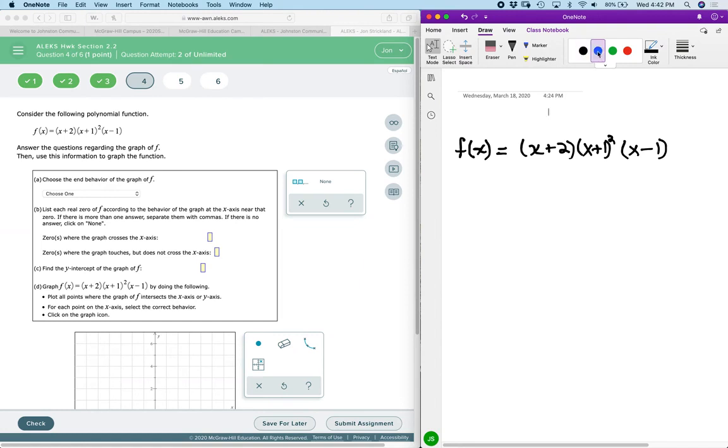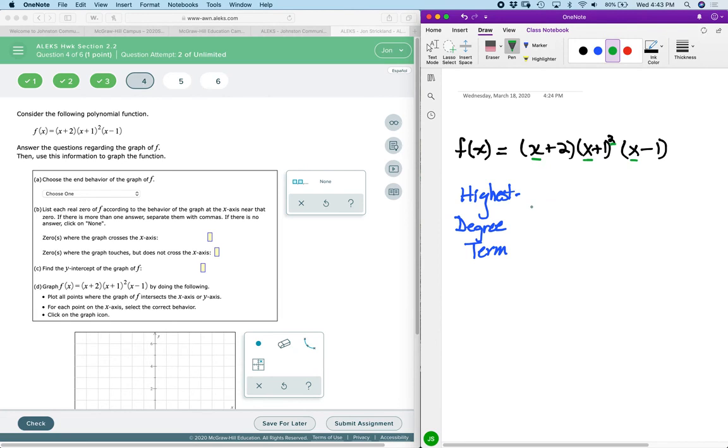If we look at the highest degree term in the factors, from x plus 2, the higher order term is x. For x plus 1 squared, the higher degree portion is x to the second. Then we have x minus 1.